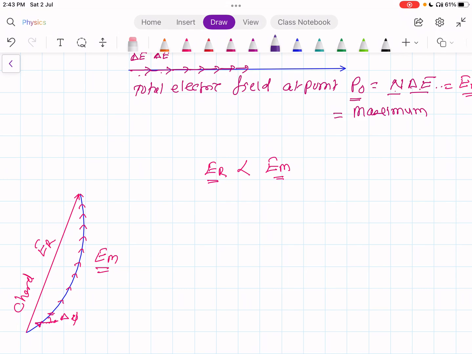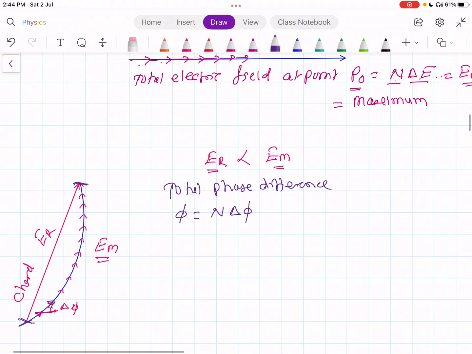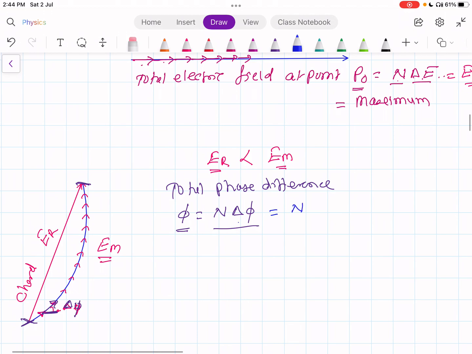Then the total phase difference, that is the phase difference between this phasor and this phasor, let us say is phi, and that would be equal to n times delta phi, as the phase difference between the adjacent phasors is delta phi, and there are n number of phasors. So the total phase difference phi is equal to n times delta phi. And we know the value of delta phi.